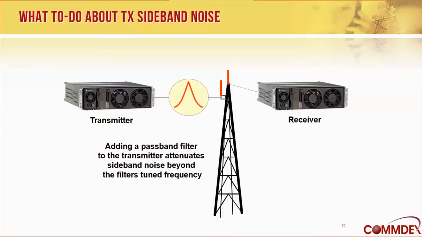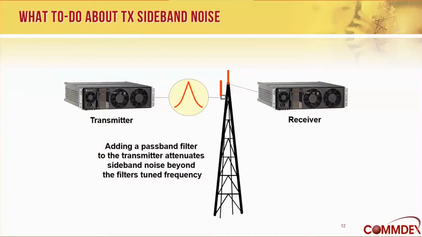Another possibility is to add a band pass filter with the filter tuned to the transmit frequency. So now we're allowing just the transmit frequency to pass through to the transmit antenna, and it attenuates things at the receive frequency.